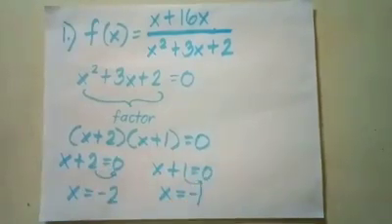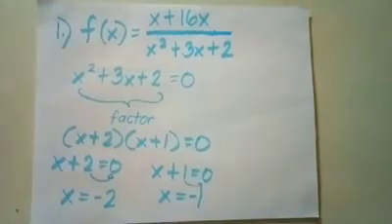So, x is equal to negative 1. After the vertical asymptotes, let's move to the horizontal asymptotes. If the degree of the numerator is less than the denominator, the horizontal asymptote is always 0, or the x-axis.